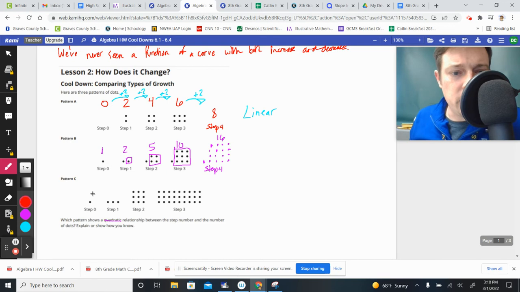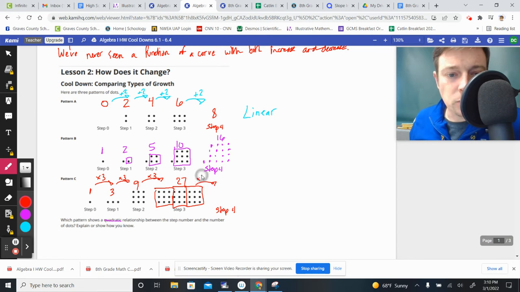The last one down here has 1, and then it's got 3, and then a 3 by 3, which is 9. If you break this down into 3 by 3s, it's got 3 of them, and 9 times 3 is 27. It appears that this one is multiplying by the same factor to get the next one, so it's going to start growing very quickly. 27 times 3 is 81 for step 4, and it would continue to grow by a factor of 3 every time.